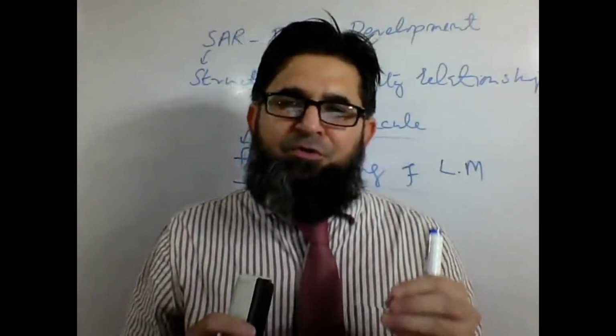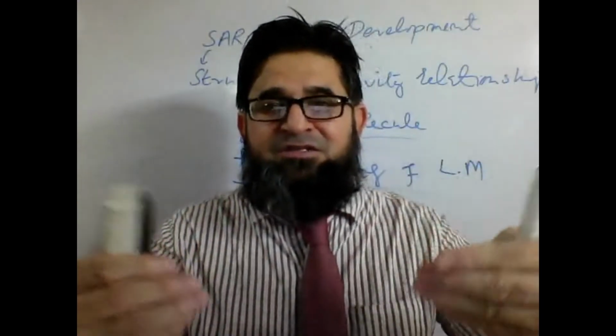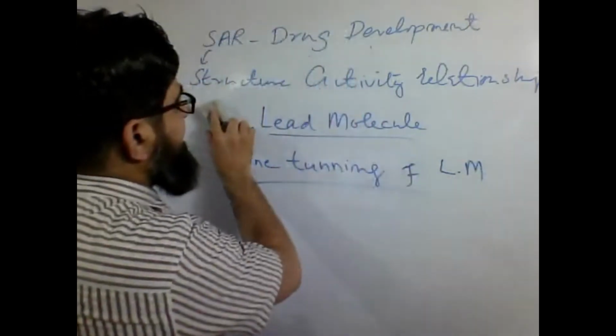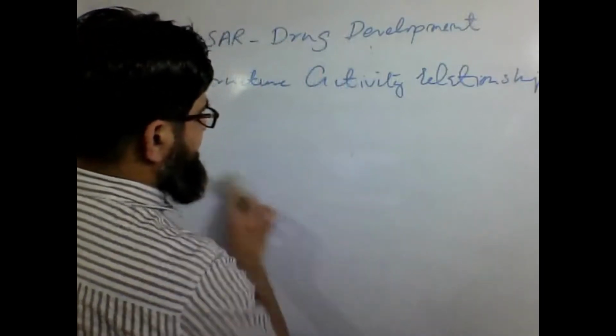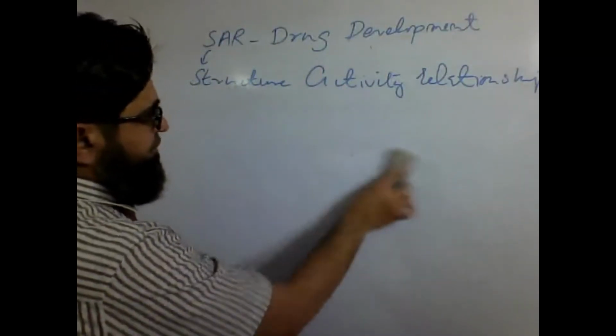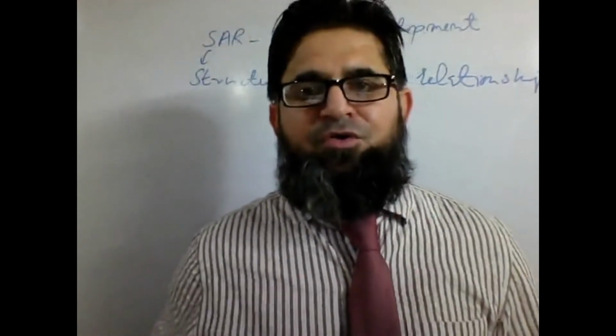We want to play around with its structure so we can increase their activity. So that will be called structure activity relationship. We need to produce certain changes in its structure so that it becomes a proper drug. How could you do that?